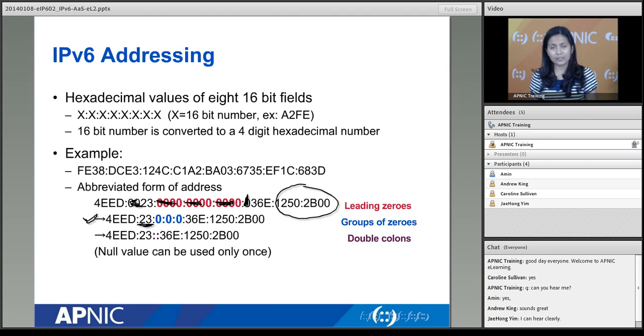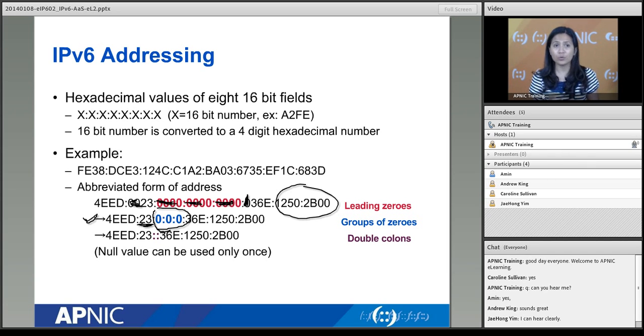Now another thing that you can do, which is the most common one and probably how IPv6 came to be commonly seen with the double colon symbol, is because of this. If you have groups of zeros, meaning if you have fields of adjacent zeros, what you can do is remove all of those zeros, okay, such as this case. You can see it very clearly here.